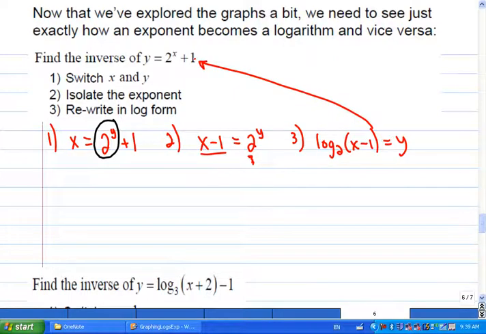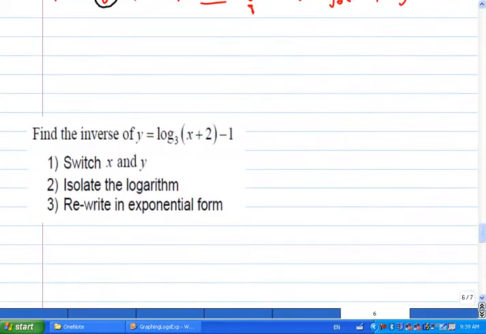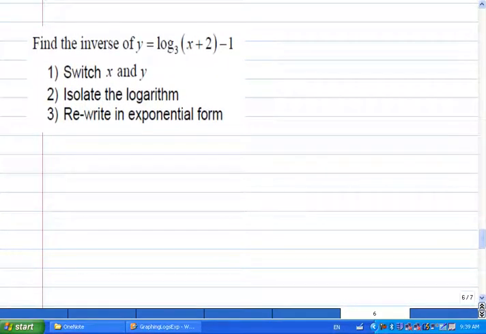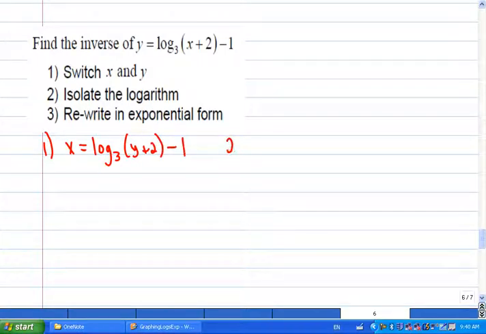Okay. Now, we'll try it again here. This time we'll do logarithms. The process is the same. So switch x and y. Then what I want to do is keep the logarithm all by itself so that I can rewrite this as an exponential.